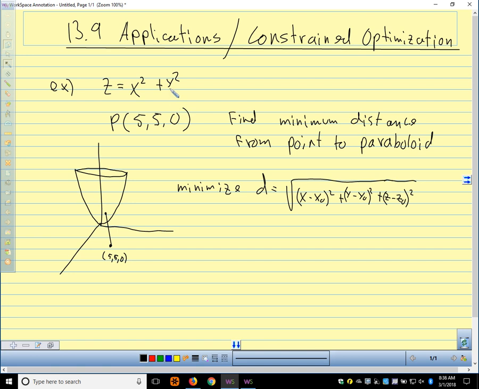So we're minimizing the distance, but we're subject to the constraint that z equals x squared plus y squared. We call this a constraint, sometimes called a side condition.